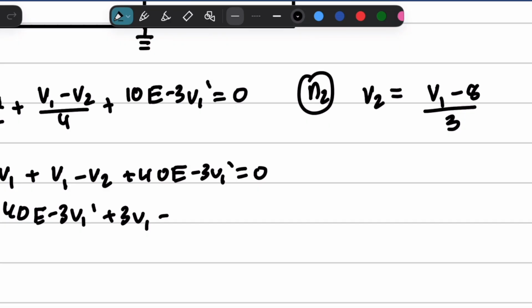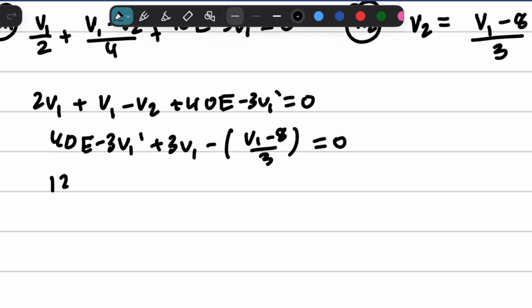And now I'm not going to go ahead and write this V2. I'm going to write this V2 right here. So V1 minus 8 over 3 is equal to 0. Multiply both sides by 3. 120e negative 3 V1 prime. And then this is just going to be 9 minus 1, which is plus 8 V1. And plus 8 is equal to 0.